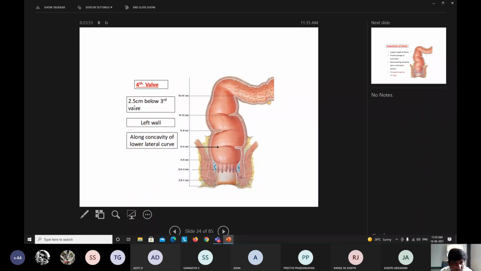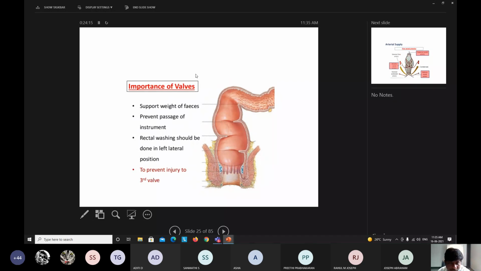The fourth wall is 2.5 centimeters below the third wall, along the left wall, along the concavity of the lower lateral curve.